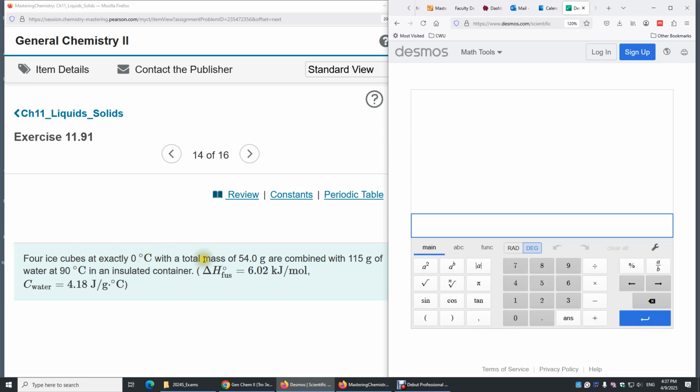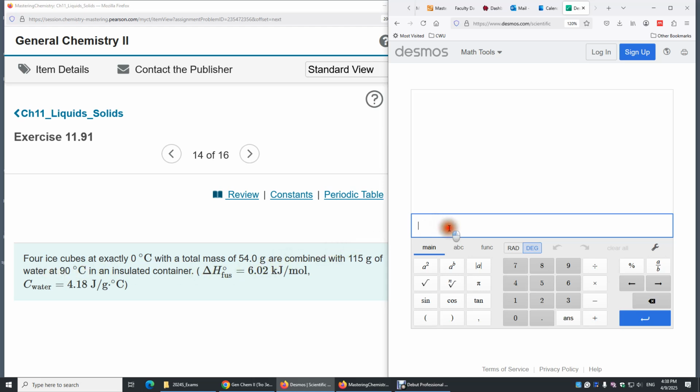And after that, this 54.0 gram of water will undergo temperature increase until at the end the temperature is even. The final temperature is going to be X. So in this case, the heat gain of the ice cubes will be from the heat loss of this hot water.